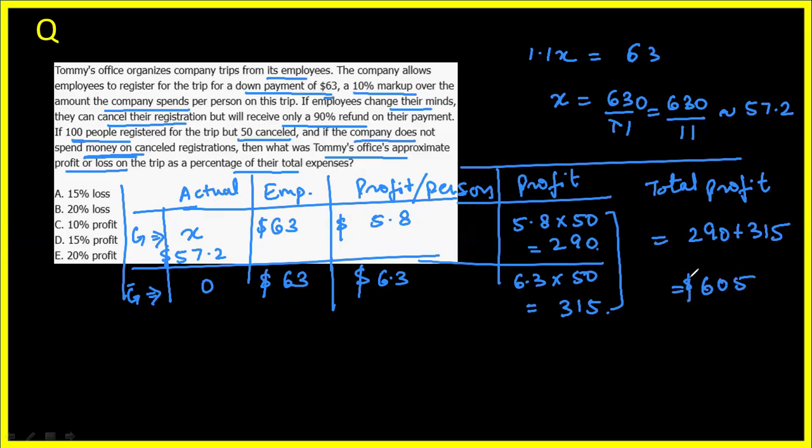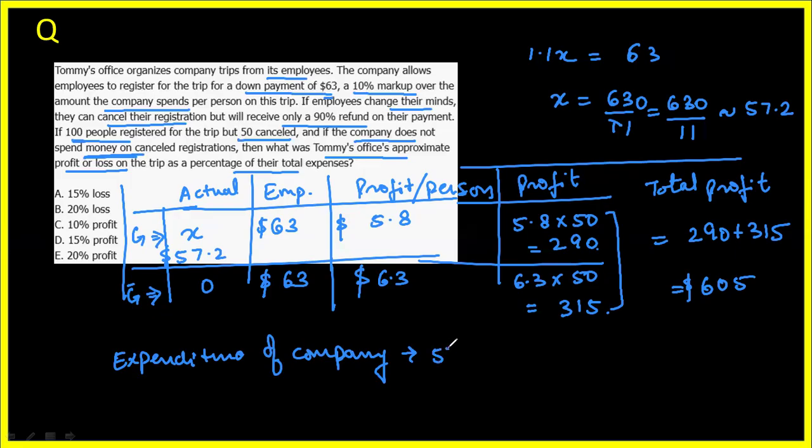That's the total profit. And how much has the company spent? The expenditure of the company: they have actually paid $57.2 per person, and they have purchased only 50 tickets, not 100, because 50 tickets were cancelled.